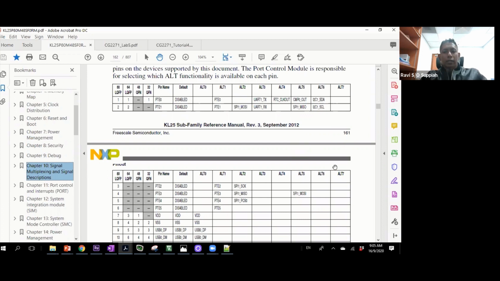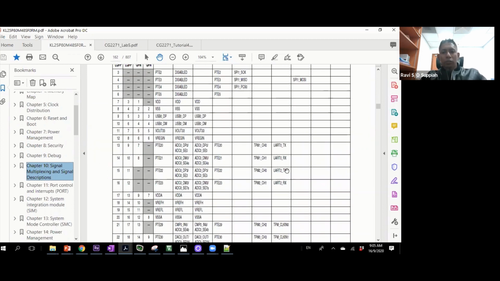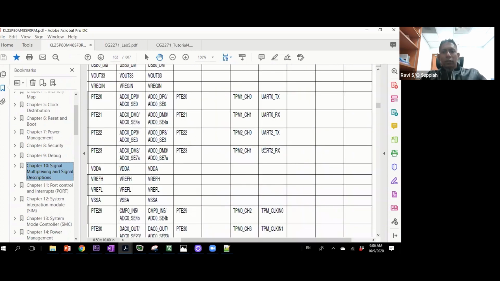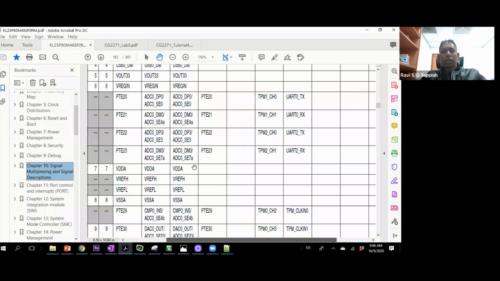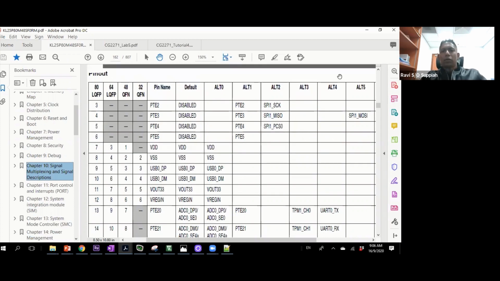Okay, so for example, you can see here that UART2, let me zoom in here, UART2 is mapped to port E22 and port E23 as transmit and receive pins. And so if I use port E22 and port E23, all right, I will be using them as the alternate 4 multiplexing option.